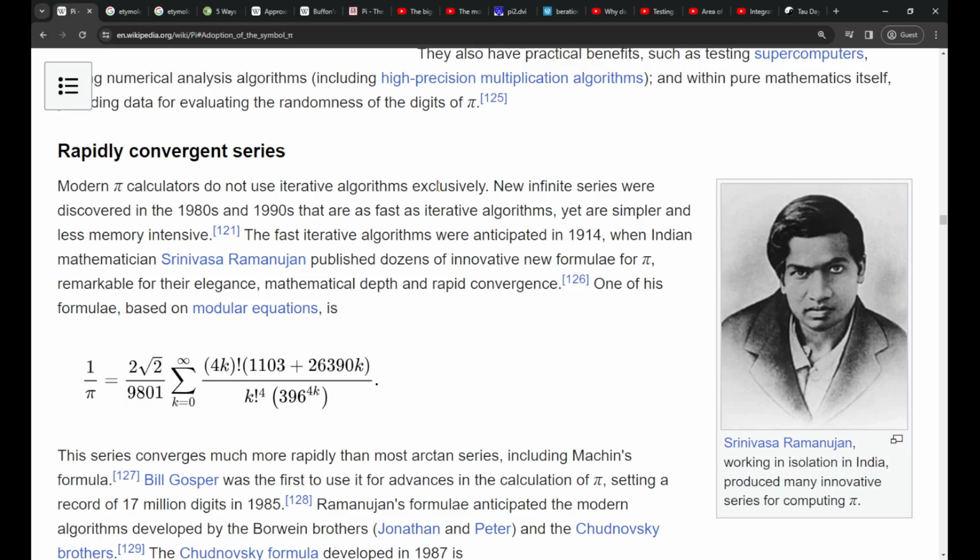Rapidly convergent series. Here's a fellow I have never heard of before. Srinivasa Ramanujan, working in isolation in India, produced many innovative series for computing pi. And that was 1914.